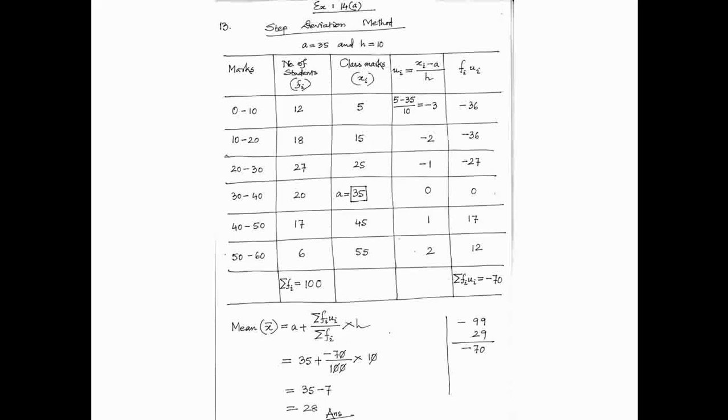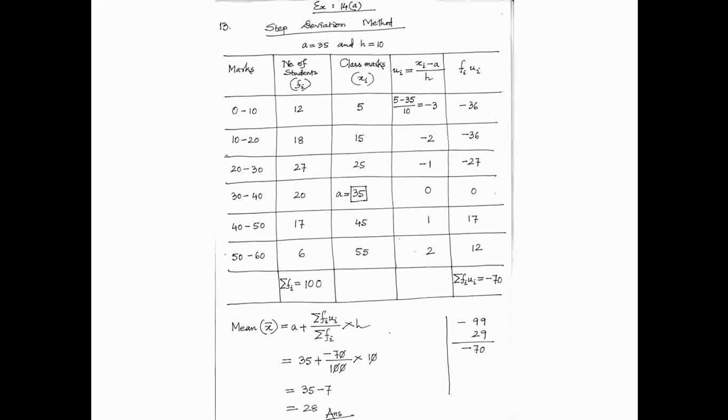Now you apply the formula of step deviation method. Okay, before applying that formula, you have to find out ui equal to xi minus a divided by h. Now this value of ui is to be calculated for each class interval or for each frequency.